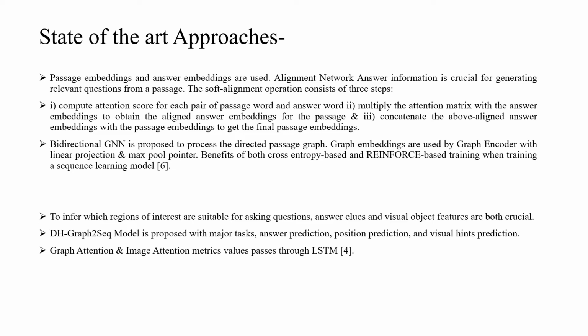So to infer which regions of interest are suitable for asking questions, answer clues and visual object features are both crucial, the visual object feature with respect to its background. If one image is given to you, what that image is, what the object is, and what information we have to focus on and generate the question from in that image is important.